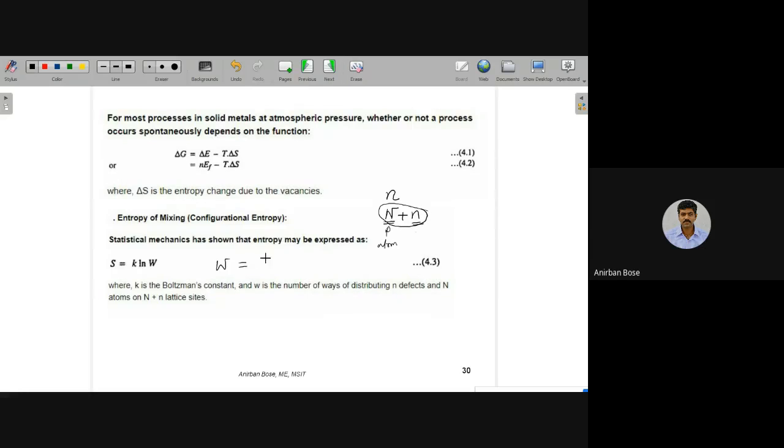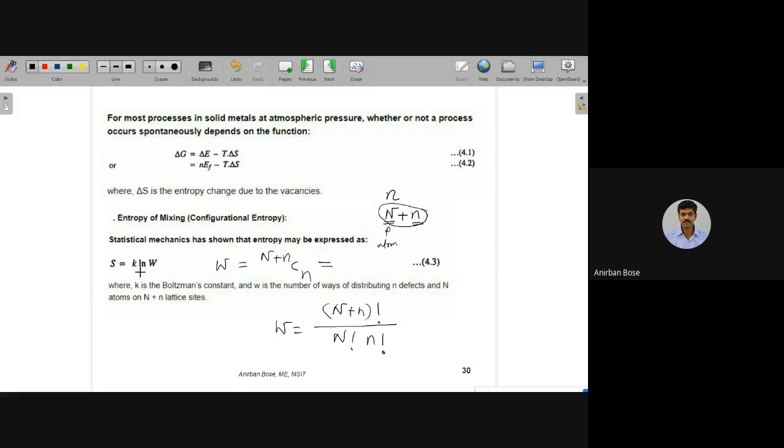For their case, W will be N plus n C n. So out of the total number of atomic sites, how many ways can these n vacancies be arranged? They can be arranged in this many number of ways. So you just write these quantities in factorials: (N plus n) factorial divided by N factorial into n factorial. So this is W.